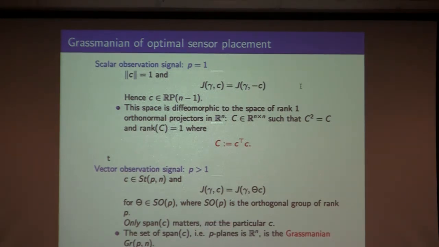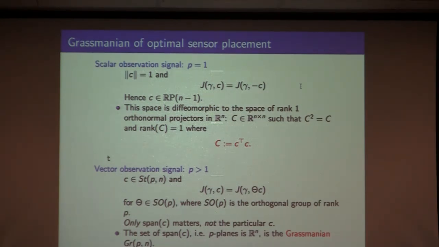In the case of p equal to 1, if you remember the form of J, which is a trace of k, where C enters k through C transpose, it's clear that J of gamma, C is J of gamma, minus C. And I said I'm going to normalize C. So C lives on the sphere, and I identify antipodal points. So I have a projective space, which is just the space of directions in Rn.